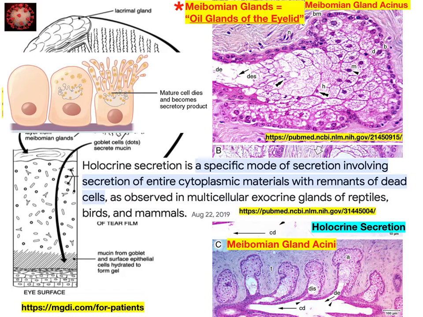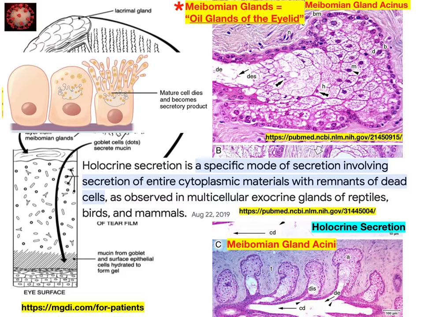In the right-hand portion of the slide, the upper panel shows this process of cellular apoptosis, releasing cytoplasmic materials, and this cytoplasmic material with cellular debris is being discharged to the left. This is a meibomian gland acinus, a single secretory compartment.